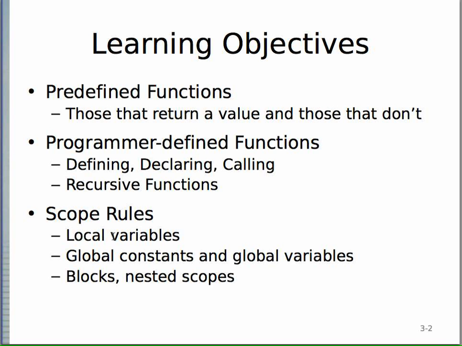These are the same kinds of rules as in Java, except there's one difference, which is that there is a global scope in C++, which does not exist in Java. So in C++ we can have global variables in this global scope. Nested scopes and blocks work pretty much the same as in Java, so no real difference. You may not have used nested scopes by themselves.